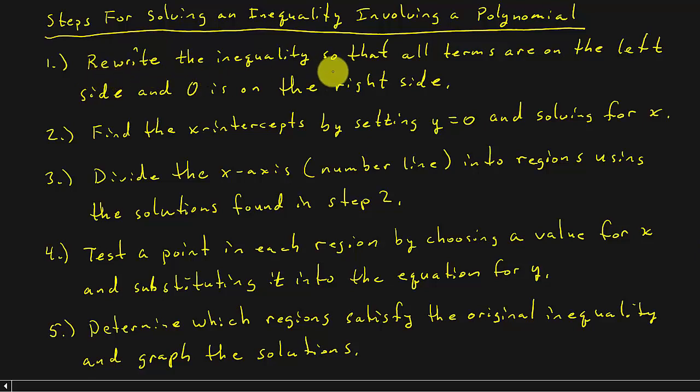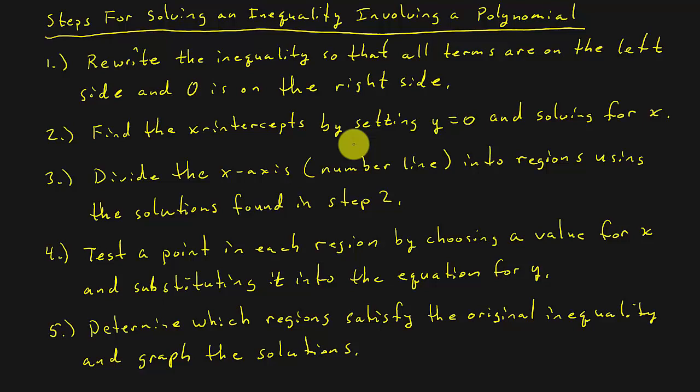So it says rewrite the inequality so that all terms are on the left side and 0 is on the right. So get everything on one side of the equal sign, set it equal to 0. Find the x-intercepts. So once you get everything on one side, set equal to 0, you just take that function, set it equal to 0, and solve for x.